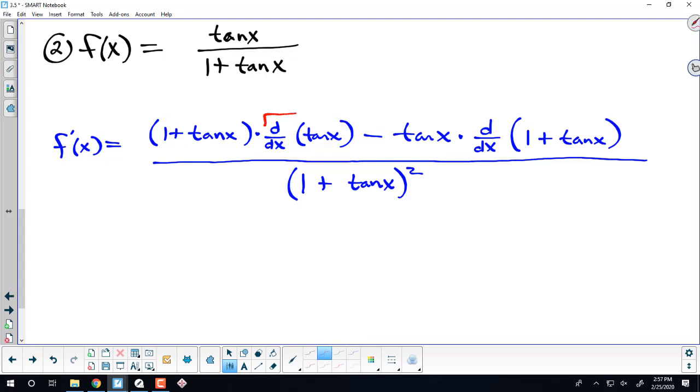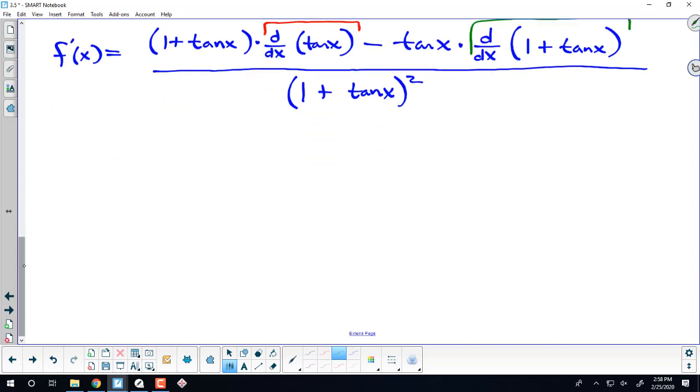What's the derivative of tangent? Secant squared. What's the derivative of 1 plus tangent? Secant squared. Also secant squared. So we have 1 plus tangent times secant squared, minus tangent times secant squared again.